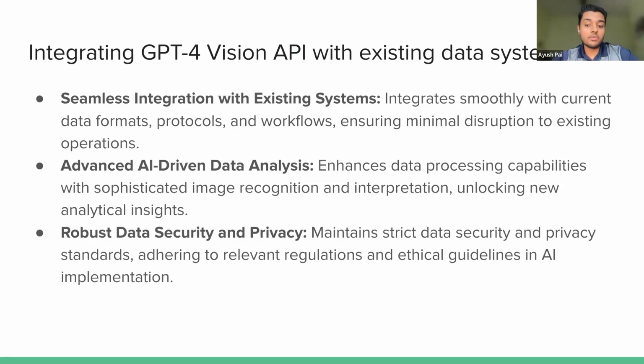And this commitment really helps organizations to maintain trust while complying with legal requirements while leveraging cutting-edge AI technologies. So by adopting GPT Vision, organizations can really unlock a new level of analytical insights, ensuring data security and maintaining operational continuity.